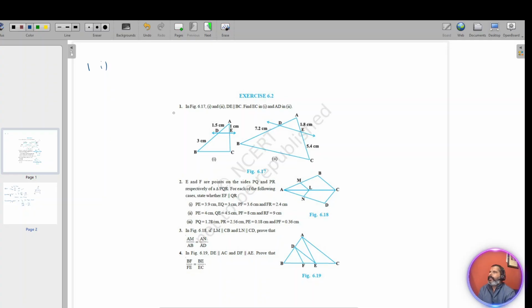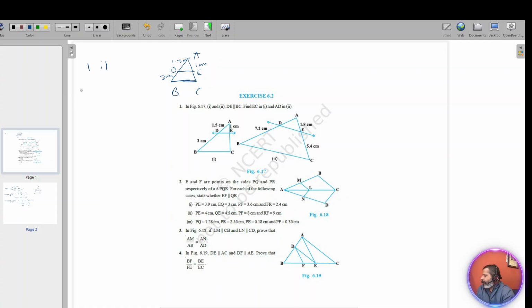Okay, that is, if you draw a triangle ABC and DE, what it is given: this is 1.5 cm, this is 1 cm, this is 3 cm. DE parallel to BC. Find EC in the first part. What is this EC part?